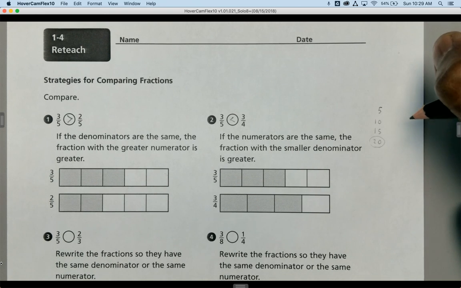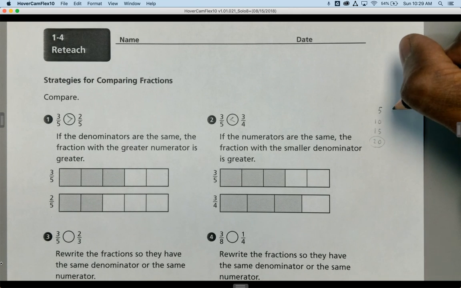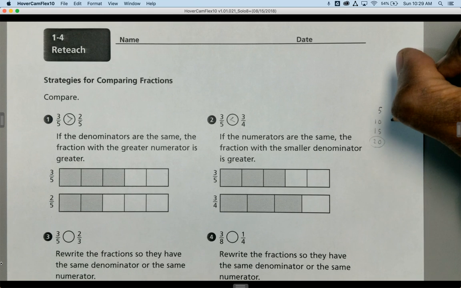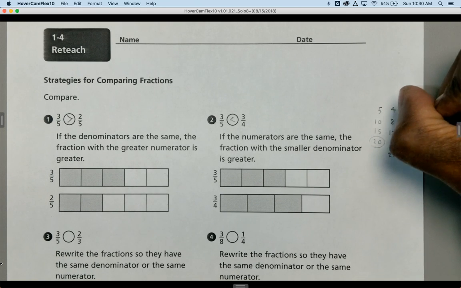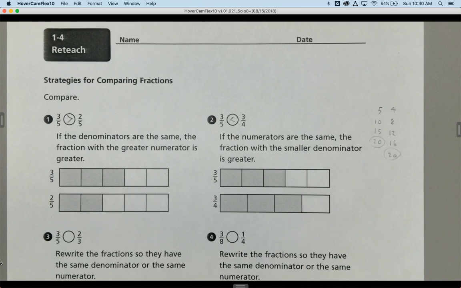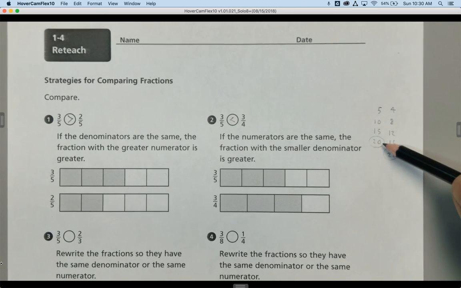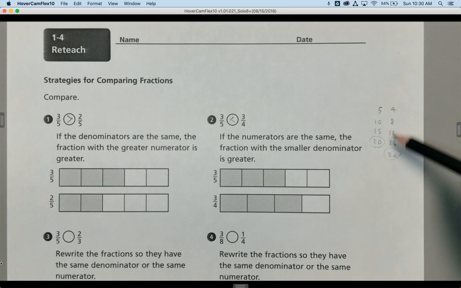And if it helped me to make a similar list of multiples for 4, I could do that. But let me rewind my steps here. The good news is that I have found the lowest common multiple that 5 and 4 share, and that is 20. 20 is going to be my common denominator, and we'll use it in a moment.